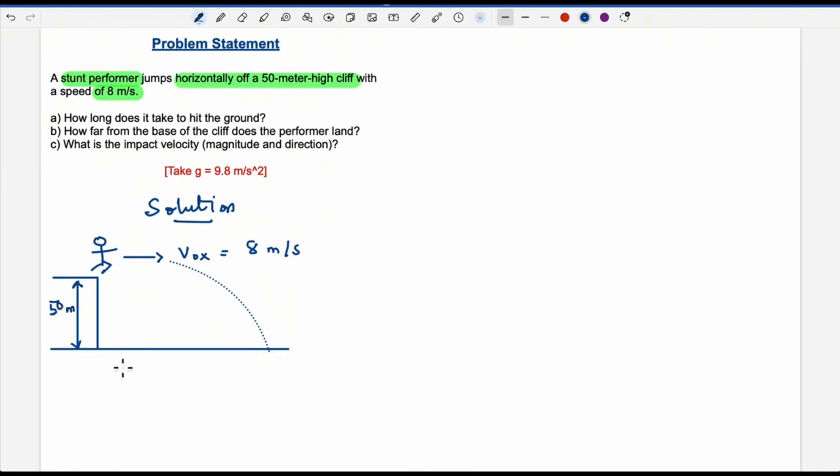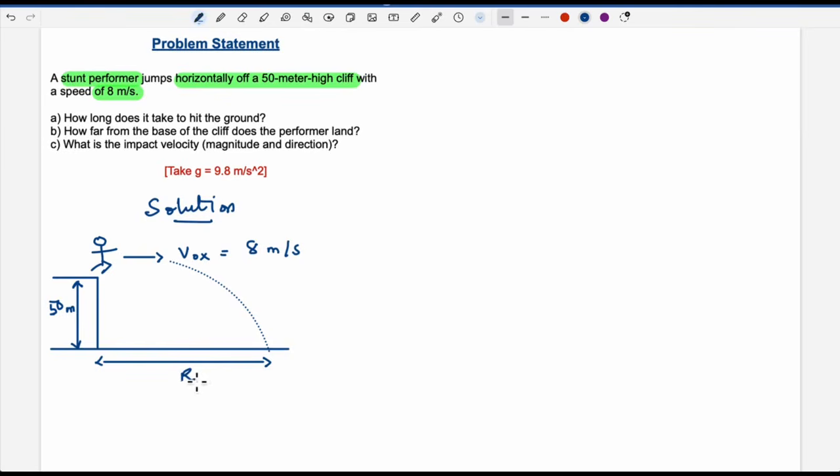Now, what is the range? We need to find the range of this cliff. So the range is that.